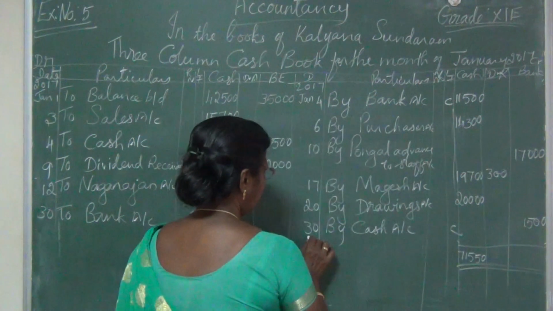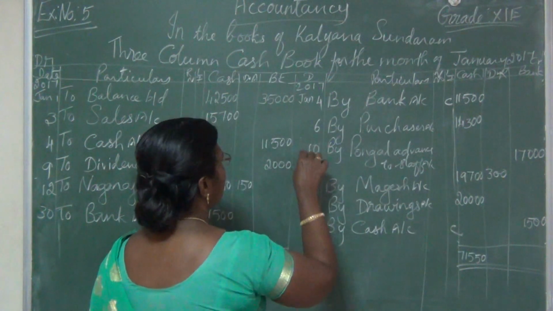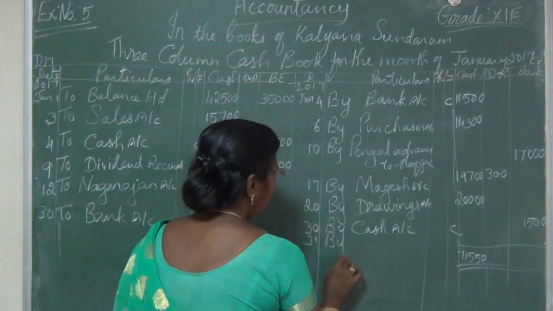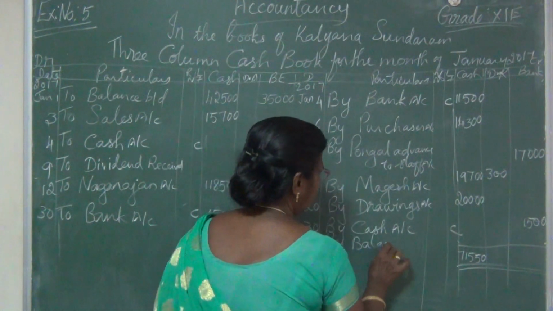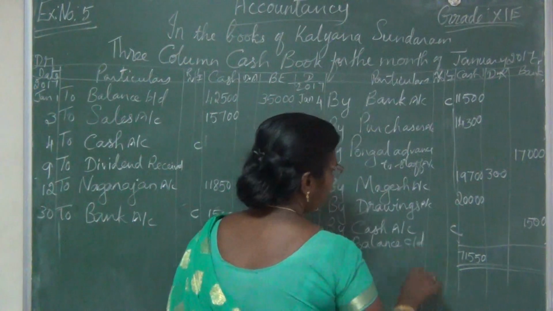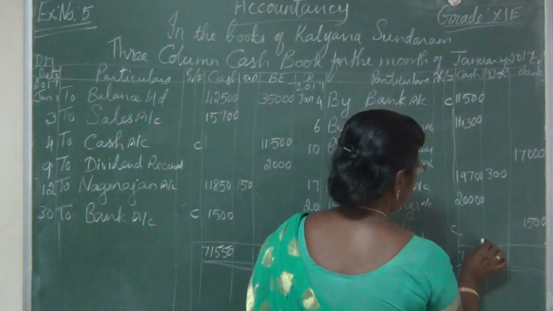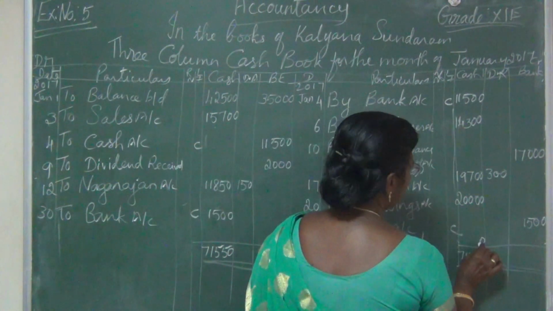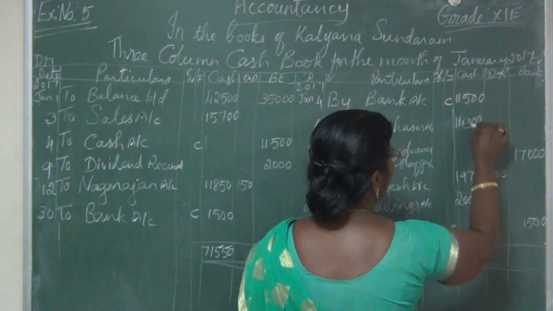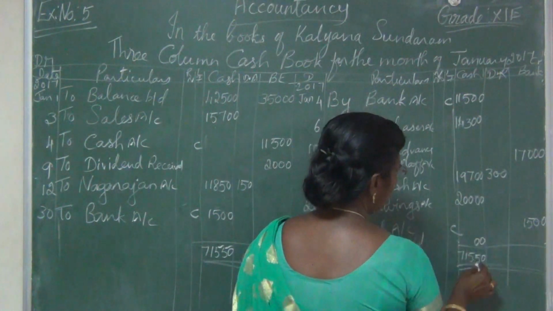Then we should write what is the last date of January? 31st. By balance carried down. Okay, now you write the balance.